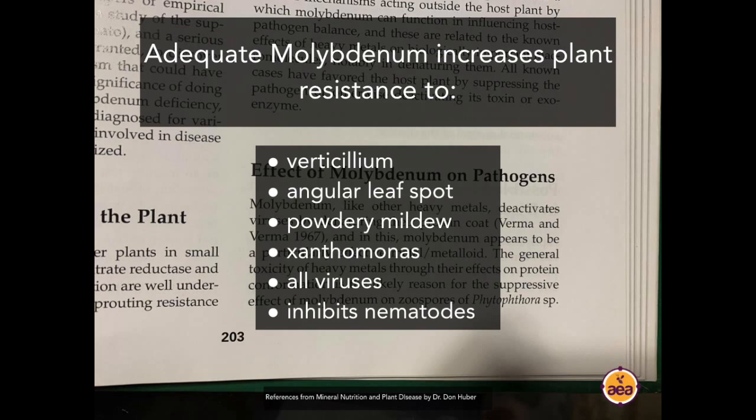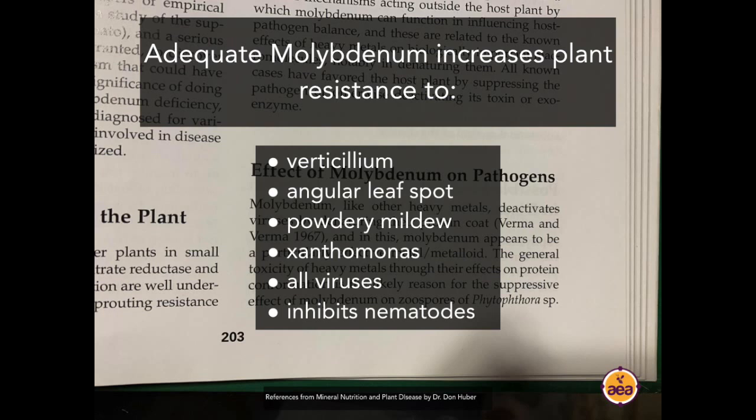And also, when we think about viruses, the presence of various mosaic viruses, and there's obviously a broad array of viruses that are important, I've recently learned that the presence of molybdenum can have a significant impact on reducing or preventing viral expression on a crop.